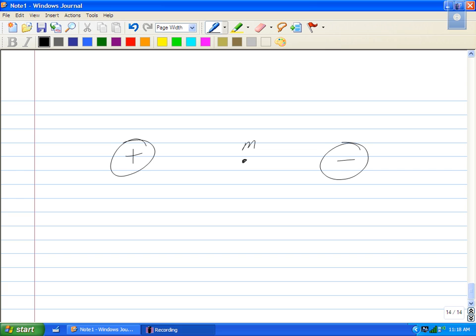So, is the positive charge creating a field at point M? Yes. What's the direction of it? To the right. Yeah, because we're talking about the field due to the positive charge would be directed to the right, right? Oh, I'm sorry, the test charge.